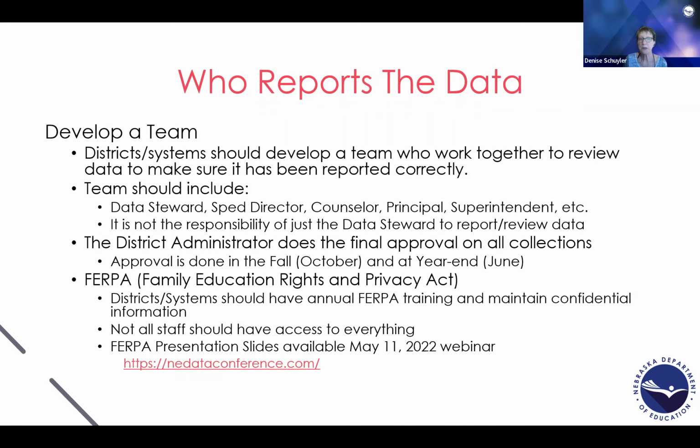We do also recommend that districts or systems provide FERPA training. So FERPA being the Family Education and Privacy Act. Districts and systems should have an annual FERPA training and maintain confidential information. Not all staff should have access to all data. And we do have a presentation available on our data webinar website.